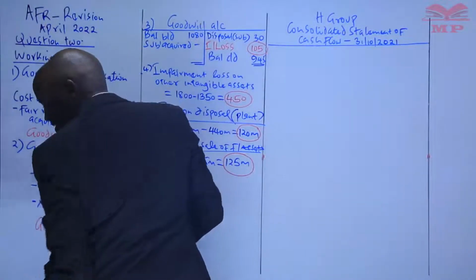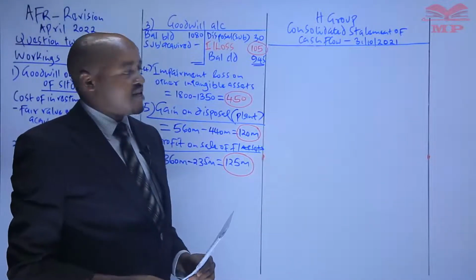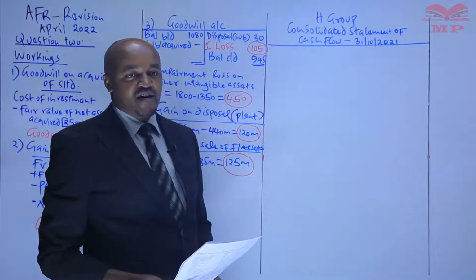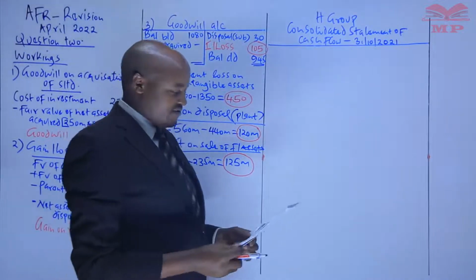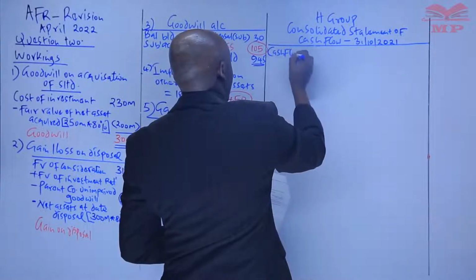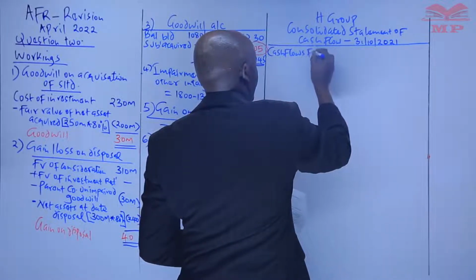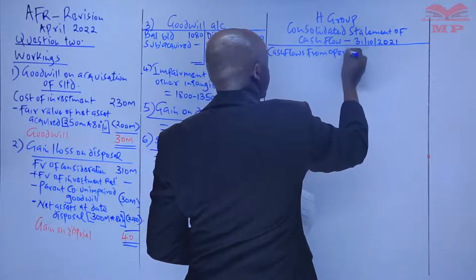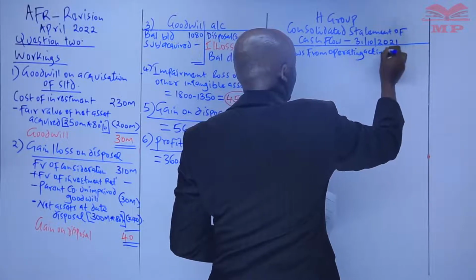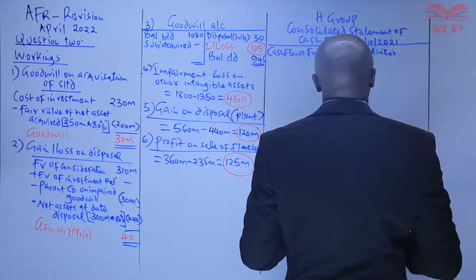Now, when preparing a statement of cash flow, generally we start by determining the net cash flow from operating activities. And then from there we determine the net cash flow from investing activities, and finally the cash flow from financing activities. So what we start with here is cash flows from operating activities.